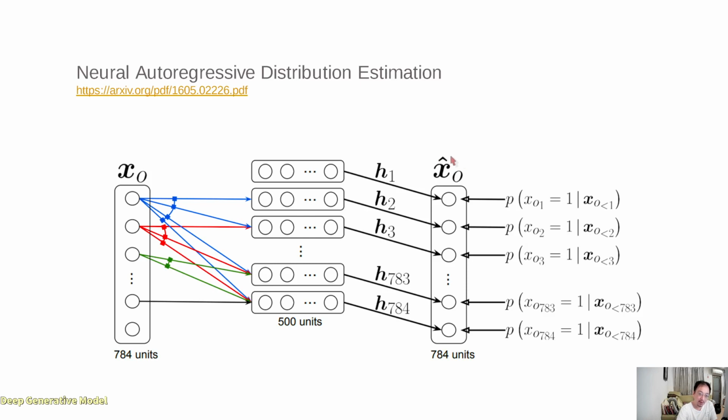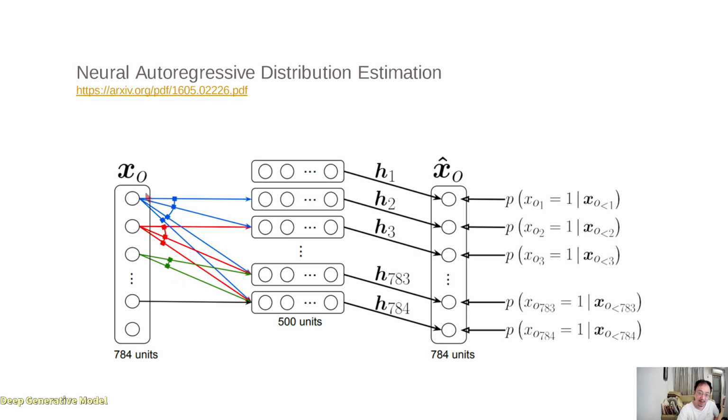Another example is the neural autoregressive distribution estimation. You can see that there are 784 inputs, so it is still intended to work on something that is 28 by 28, an image generation like this one.